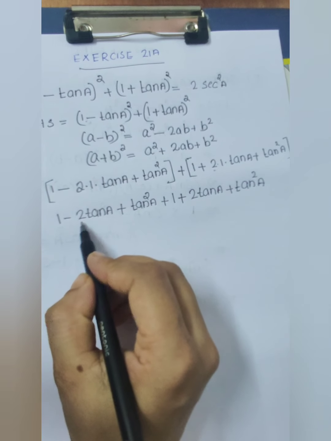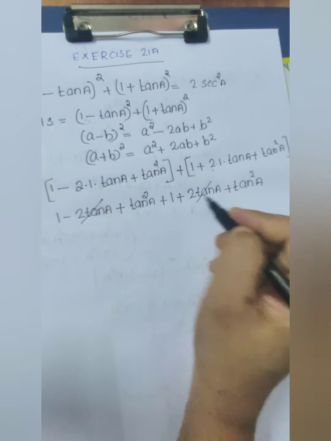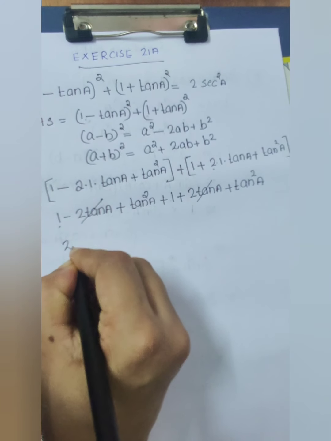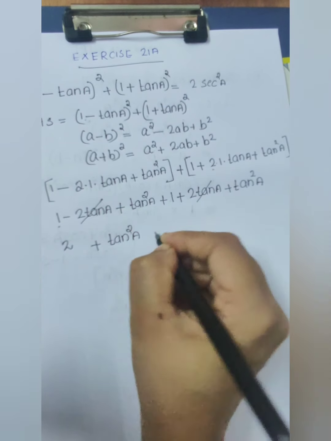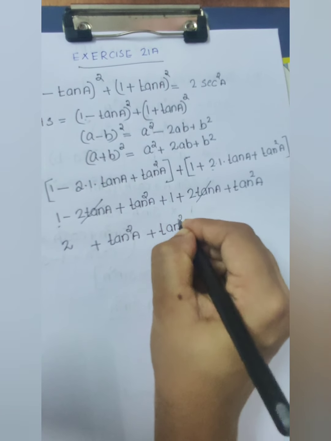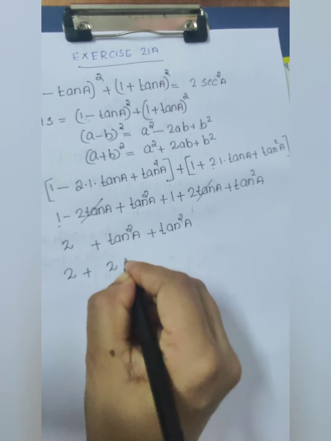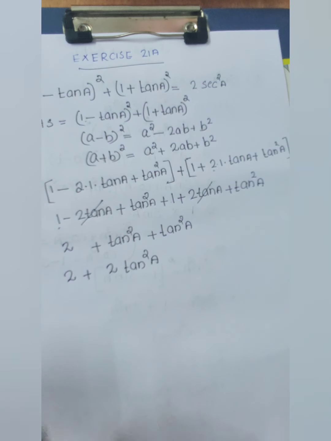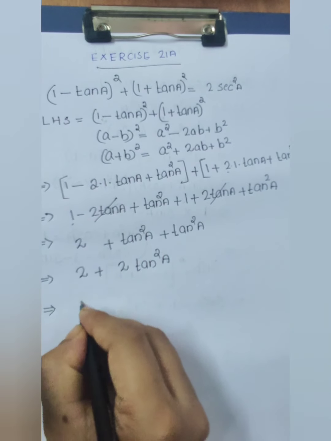Here minus 2 tan a and plus 2 tan a got cancelled. Now 1 plus 1 equal to 2, plus tan square a plus tan square a, that is equal to 2 plus 2 tan square a. From these two terms, 2 is a common factor, so we can take 2 outside.